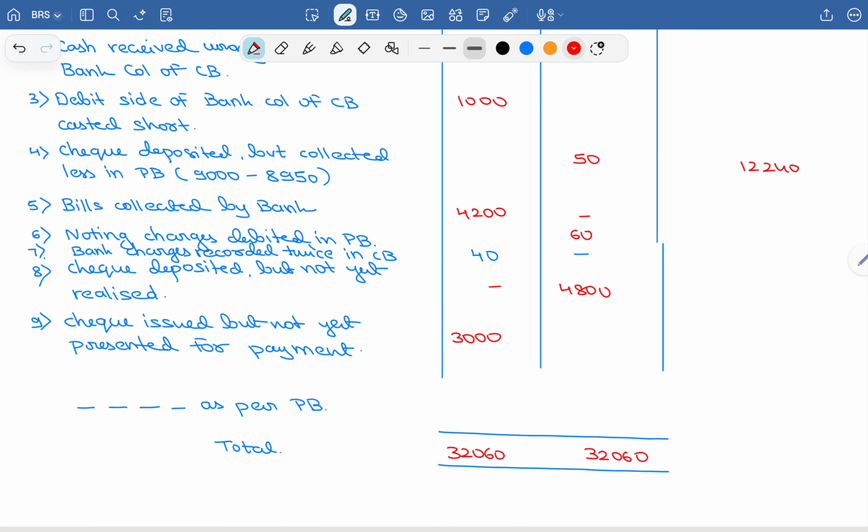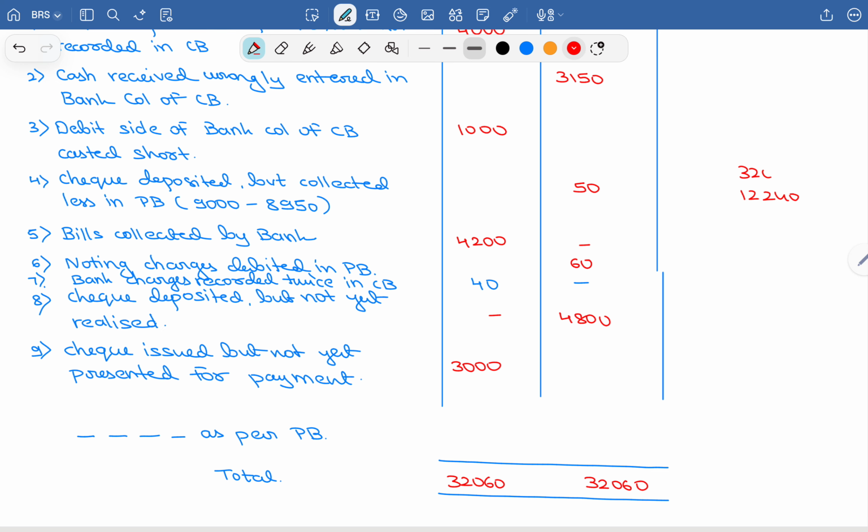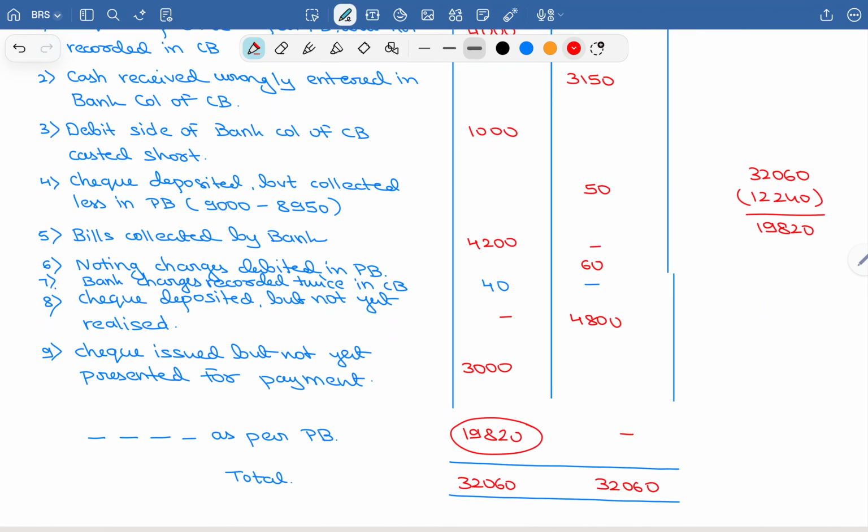It has to be deducted from 32,060. So there is a difference of 19,820. This 19,820 I have to write here. This is my balancing figure. That means the less column is heavier.